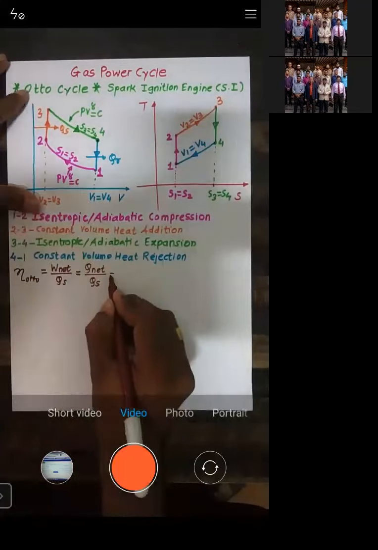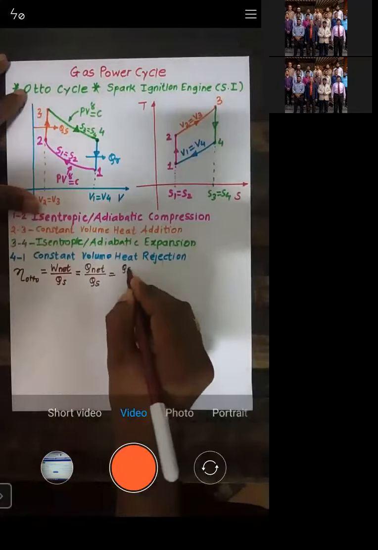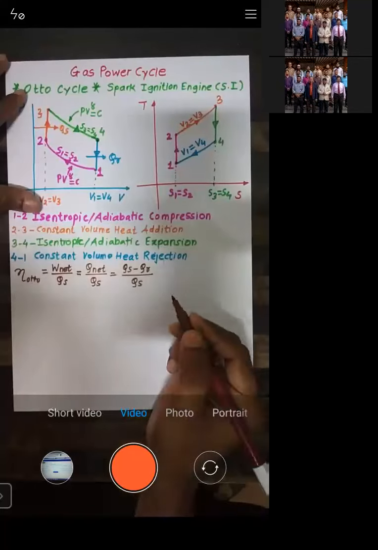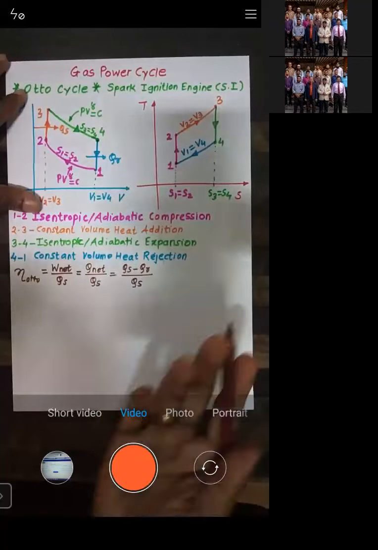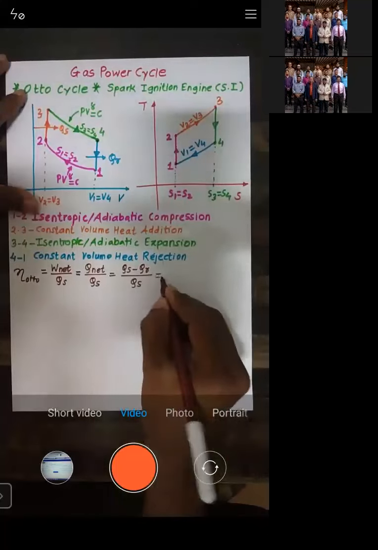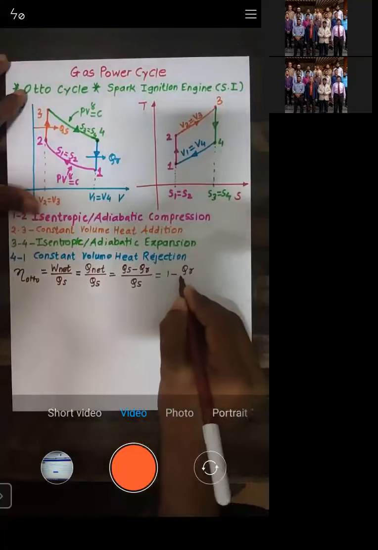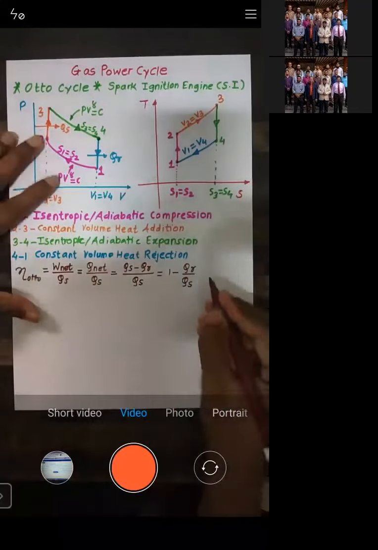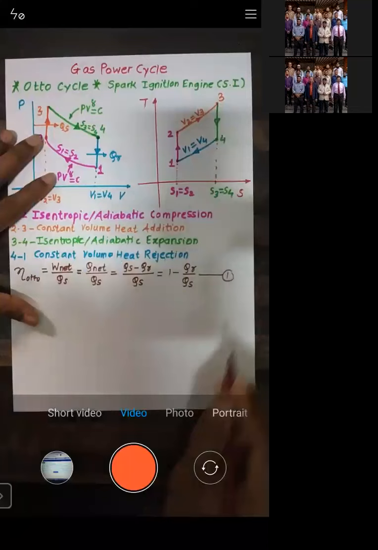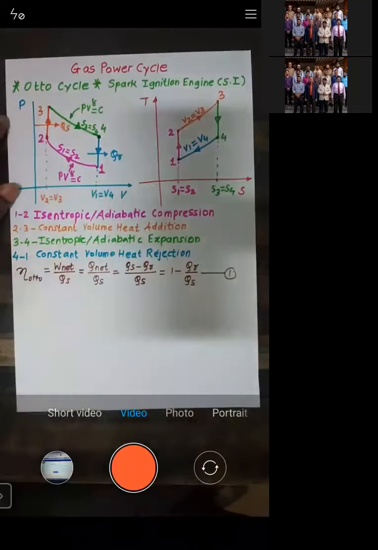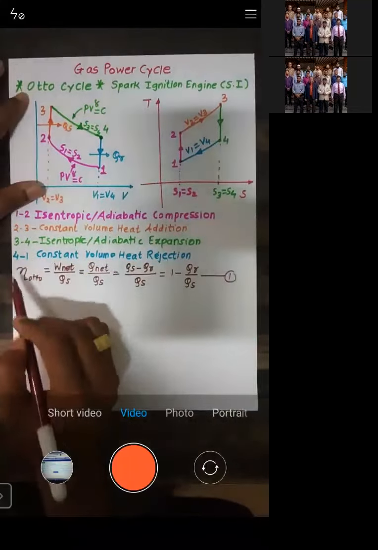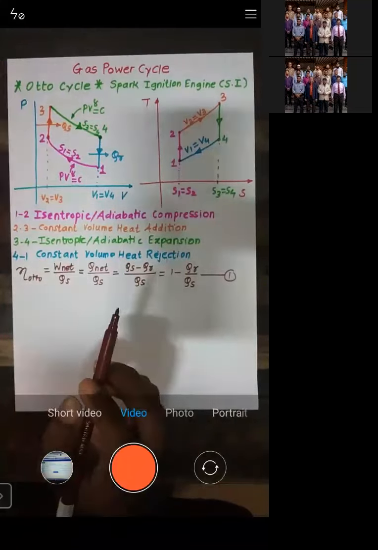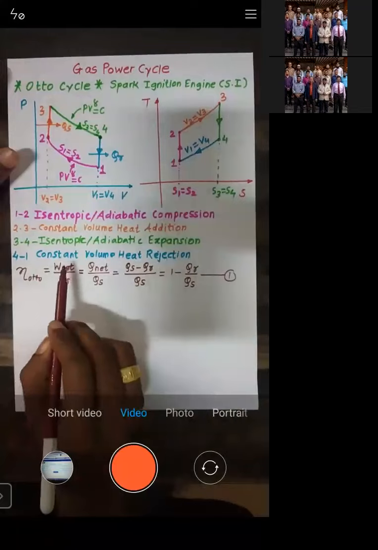Now what is net heat? Net heat is equal to heat supplied minus heat rejected, upon heat supplied. So it will give rise to 1 minus heat rejected by heat supplied. So this is the formula for efficiency of Otto cycle. I will call this equation number 1. Efficiency of Otto cycle or any cycle or any device is given by output by input, right? So output, that is net work, upon heat supplied.